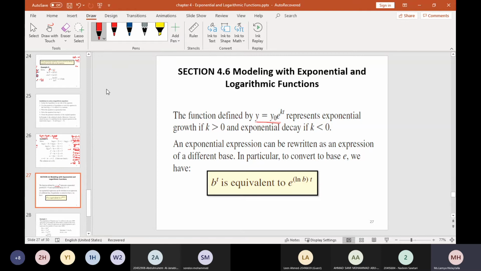Especially if you're making a farm and you bring some animals at the beginning and give them a good situation, food is there and there is no illness, they start growing exponentially, increasing rapidly at first. So you can model it by an exponential function in some cases.